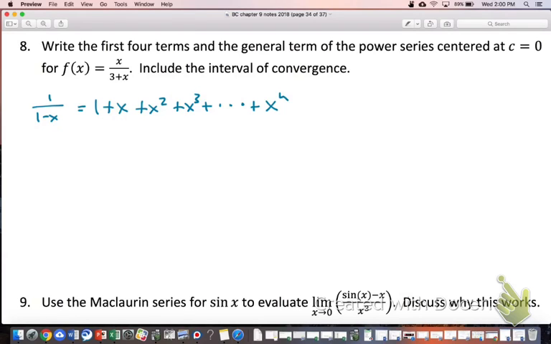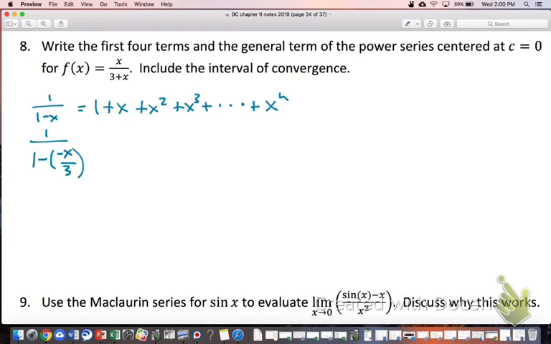And so I'm just like, that means I'm going to need to substitute a negative something in there for x. The 3 bugs me as well. So here was my thought. You might have done it differently and you might have been successful. We'll find out. I decided that I would substitute that in for x. So this would give me 1 over 1 plus x over 3.